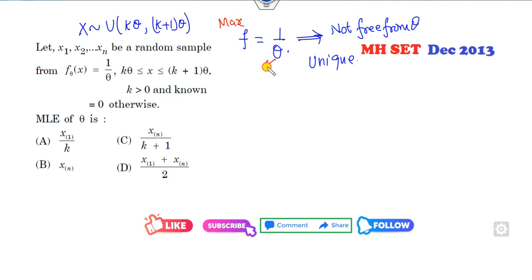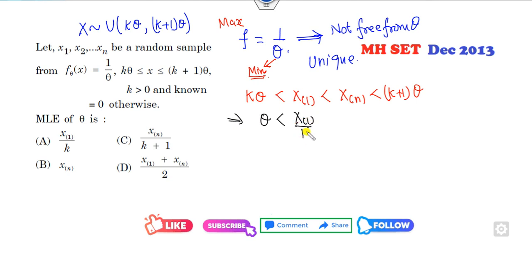So again, how can you maximize this? It means your target is to minimize this. So I can start from this range. I can write this as the ordered statistics x1, x2 and then xn is less than k plus 1 theta. So can you find the value of theta from here? It will be x1 over k, and from this it will be xn over k plus 1.